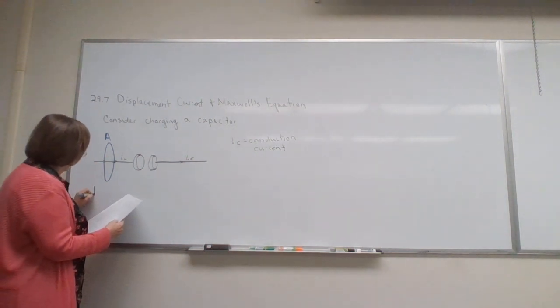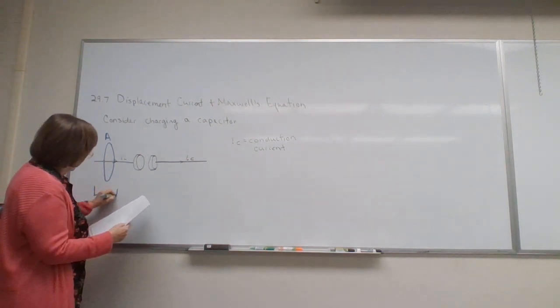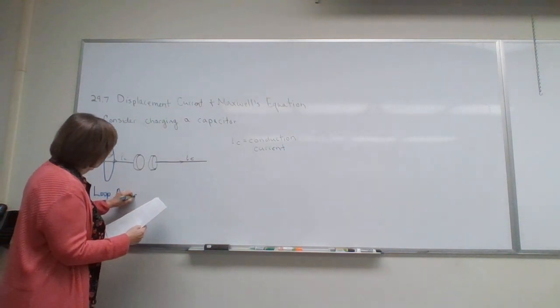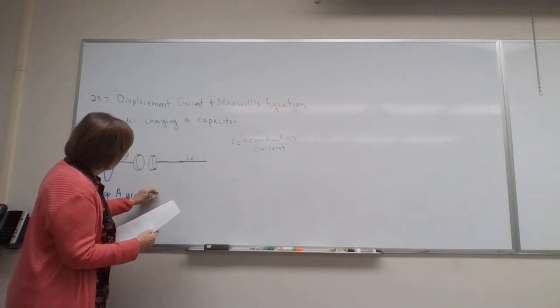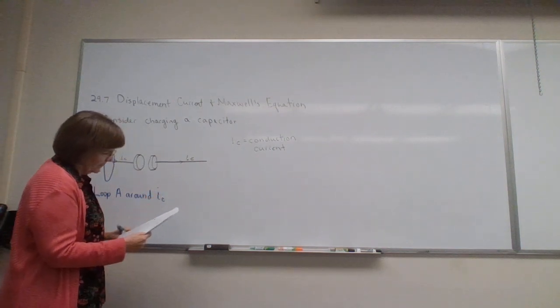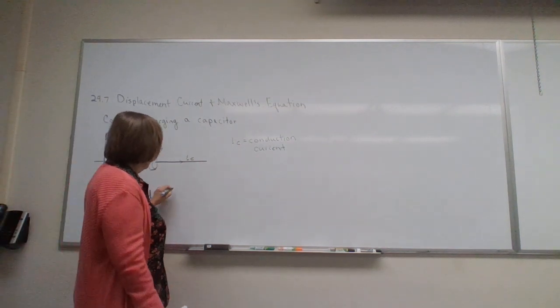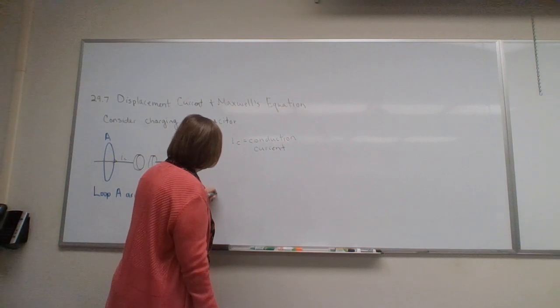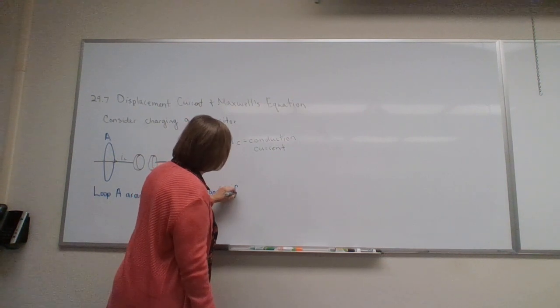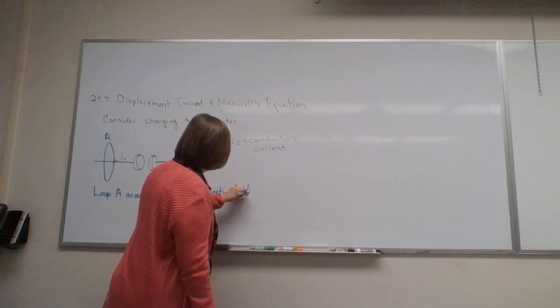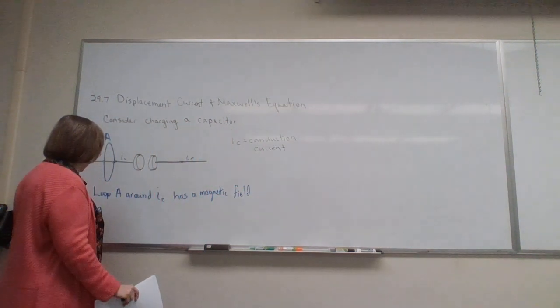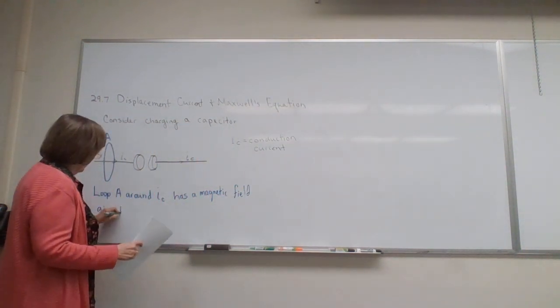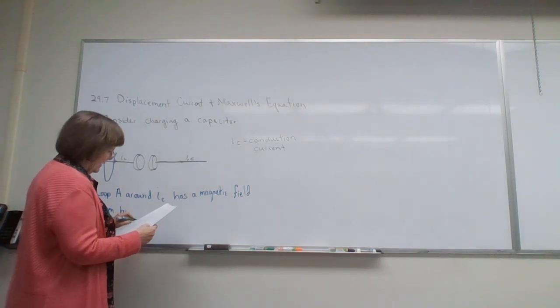So loop A, around that current we call IC, has a magnetic field. That's given by Ampere's law.